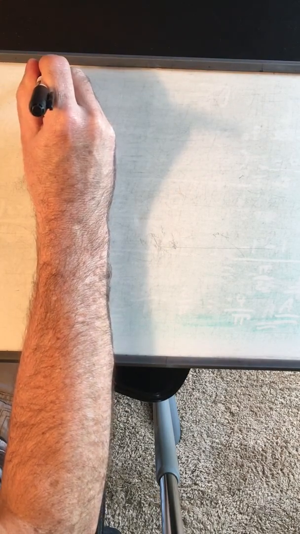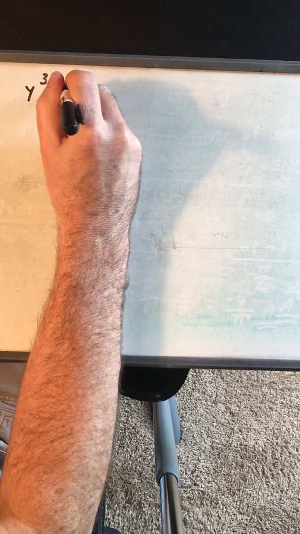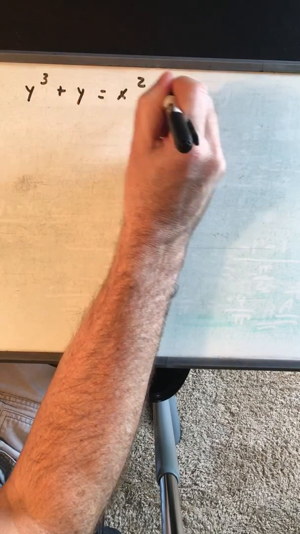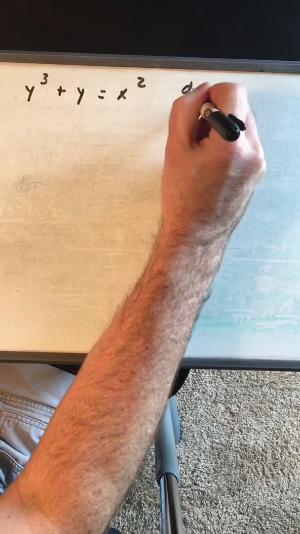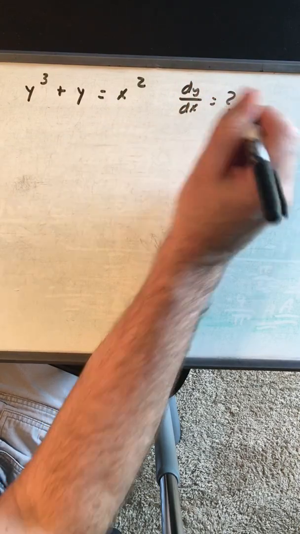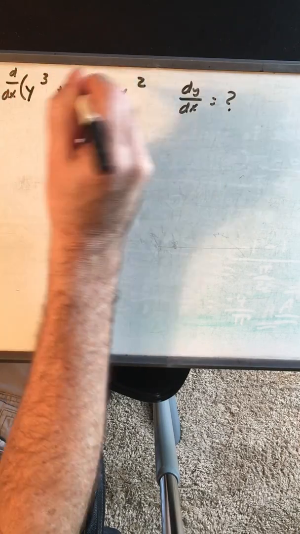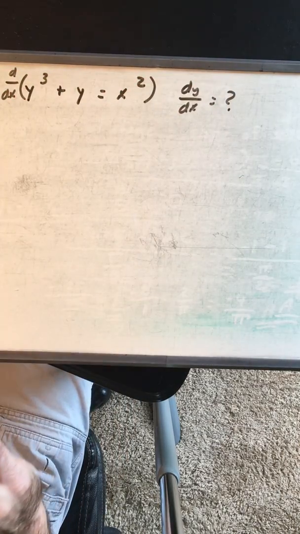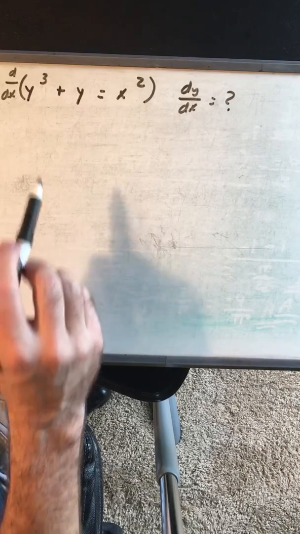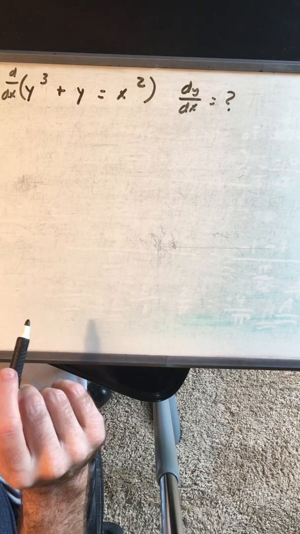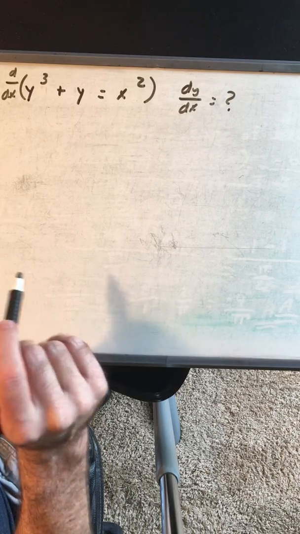More extraneous information. We have y cubed plus y is equal to x squared. What is dy dx? All right, let's d/dx that thing. Do you remember the name of this? It starts with I. When you mix up the x's and the y's, it's implicit differentiation.